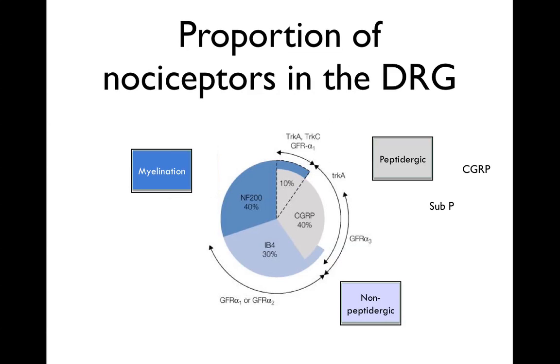And another 30% are non-peptidergic. So this tells us that A beta fibres are roughly 20% of the dorsal root ganglion cells. A delta, which are both peptidergic and non-peptidergic, but are myelinated, take up 20% of those nociceptors.